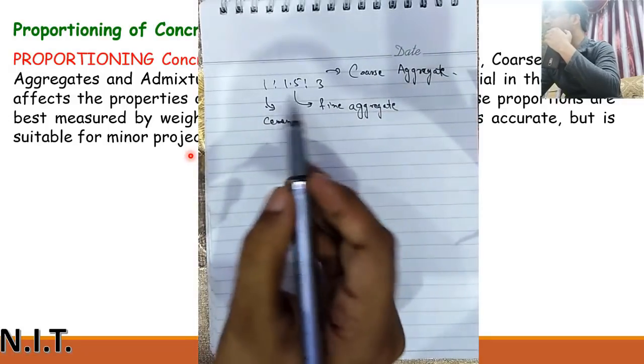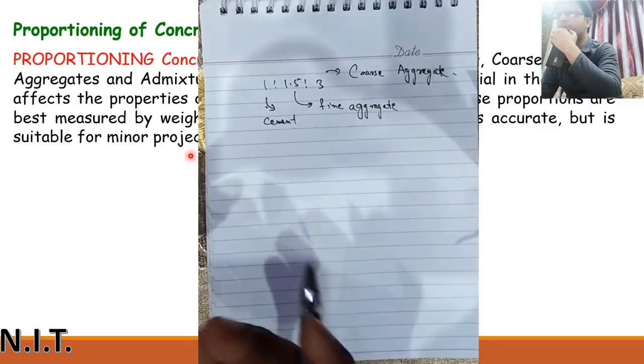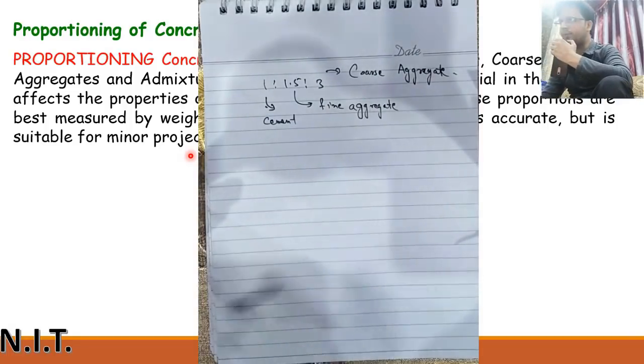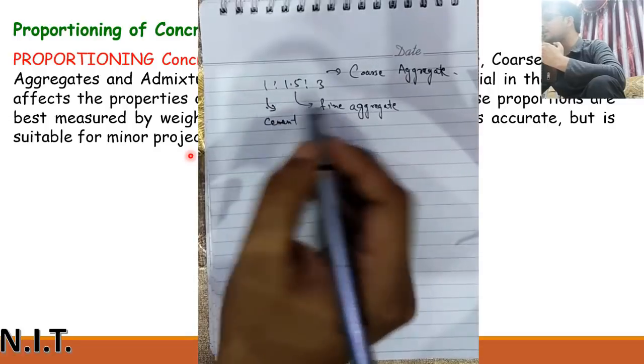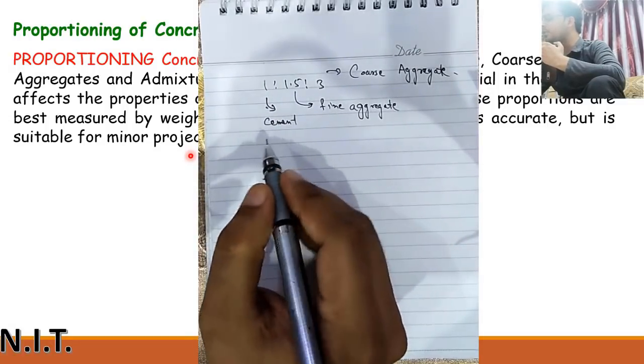By increasing or decreasing these proportions, the physical properties of the concrete can be changed. For different structure members or for different types of structures, these proportions may vary.